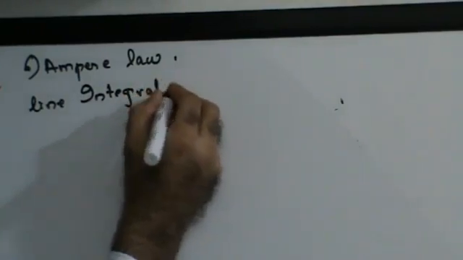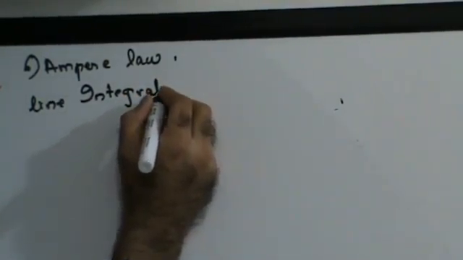Now, let us see Ampere law. What does Ampere law state? It states that the line integral of a magnetic field. I'll just explain the law. First, let me write the law, then I'll explain it to you.